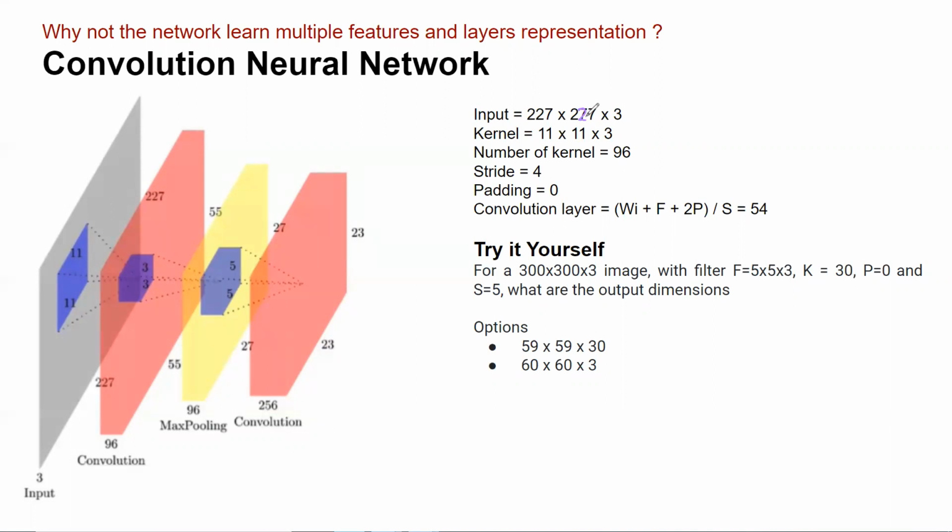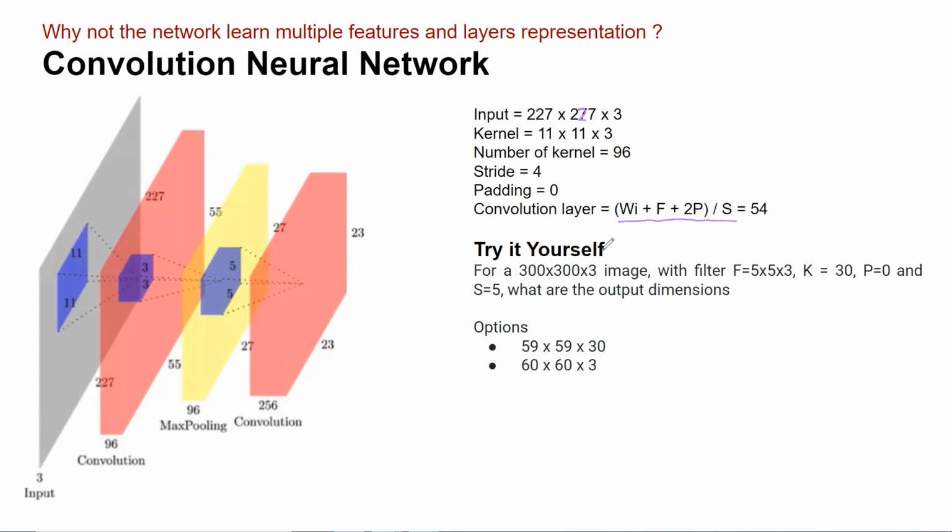So you have to tell me, after doing these operations, what would be the dimension of the output you'll be getting here? If you recall, this is the formula we have seen in the previous class.